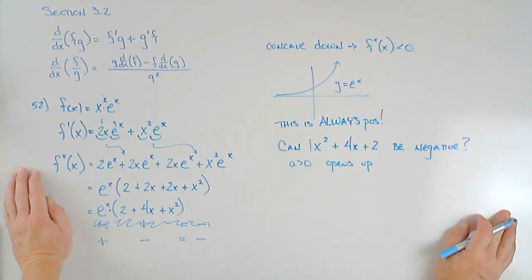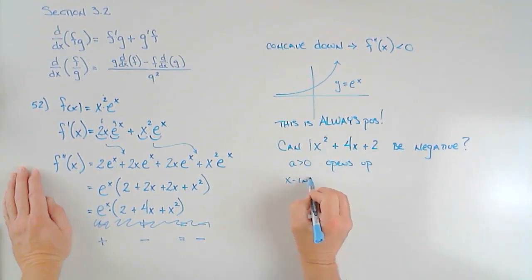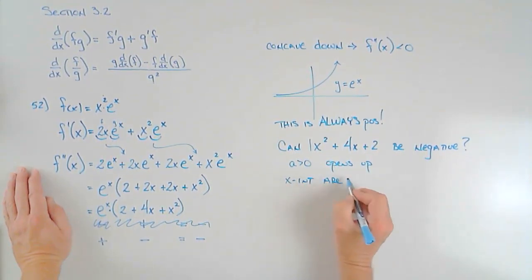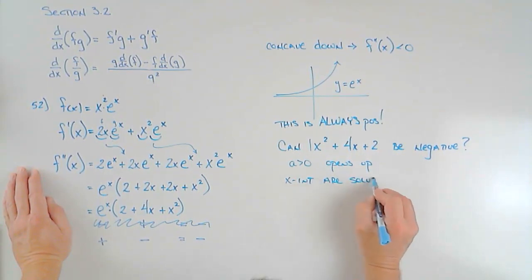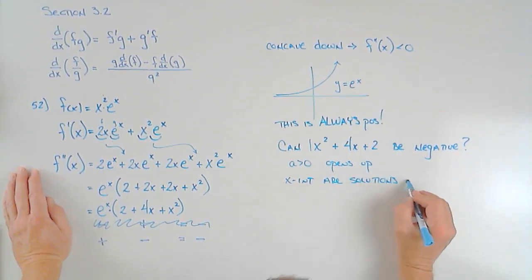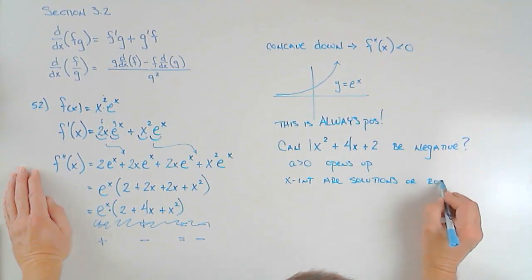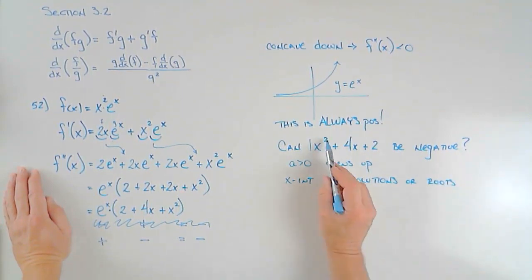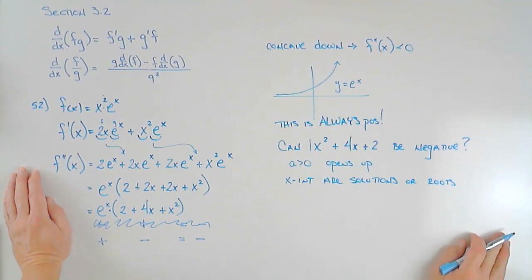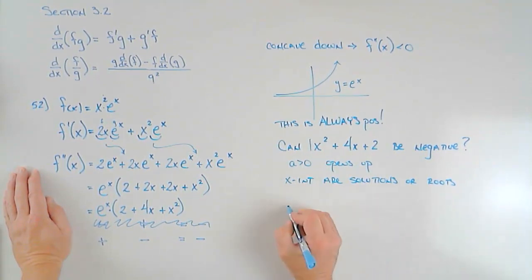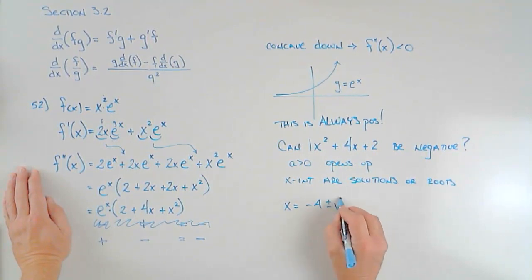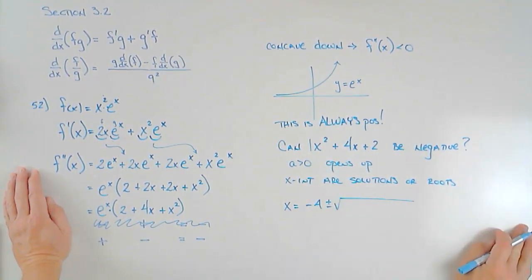We can find the x-intercepts. We know how to find the x-intercepts. X-intercepts are solutions. If you don't like that word, we can say roots. Now, x squared plus 4x plus 2 does not factor, but we can use the quadratic formula, right? X equals negative b plus or minus the square root.